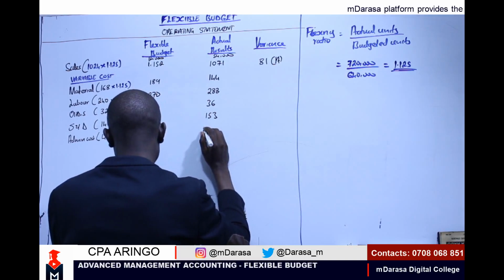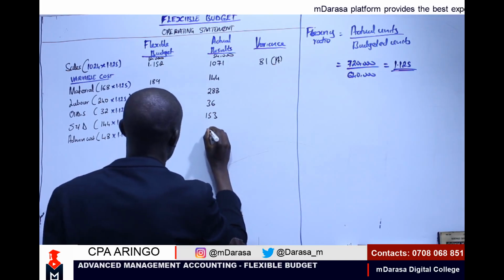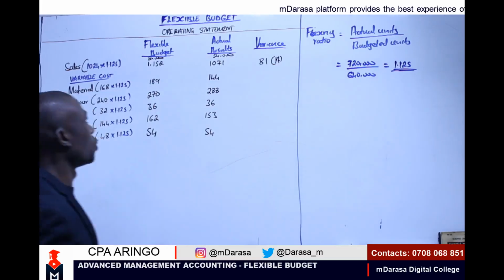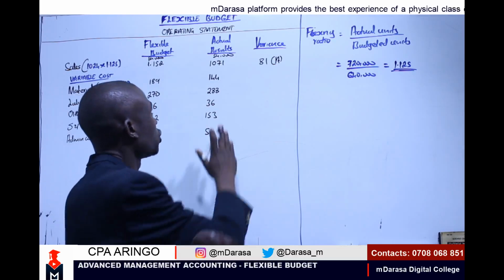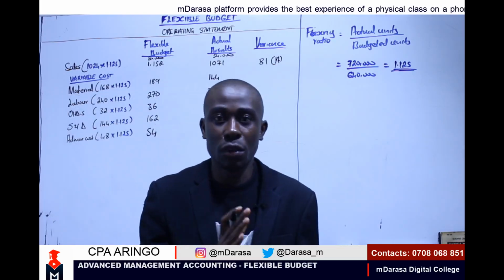And when it comes to admin cost here, I was given 54. So this is our actual results which I was given.